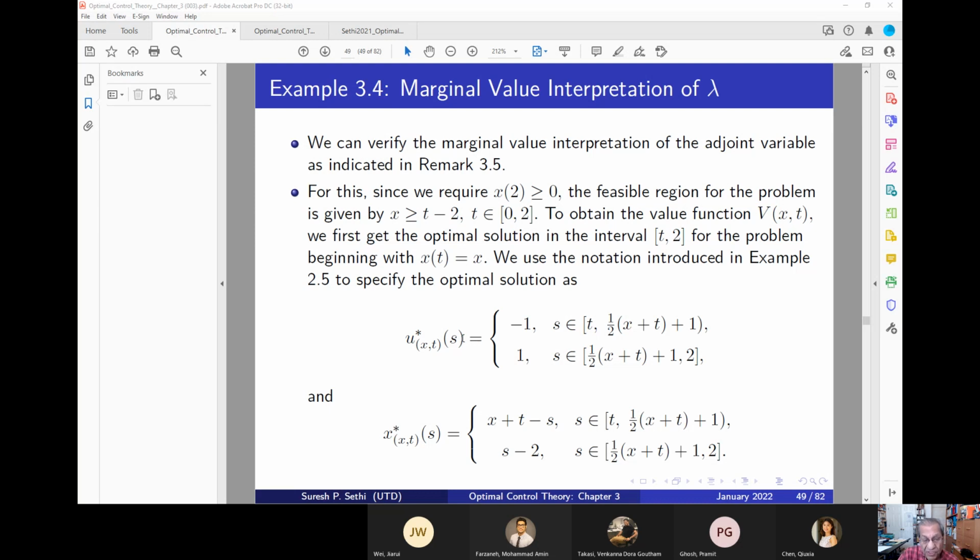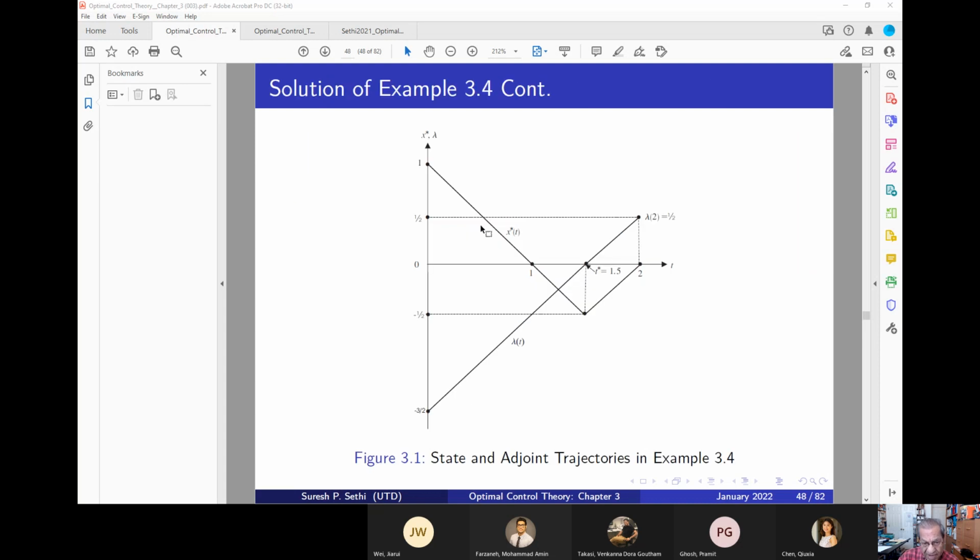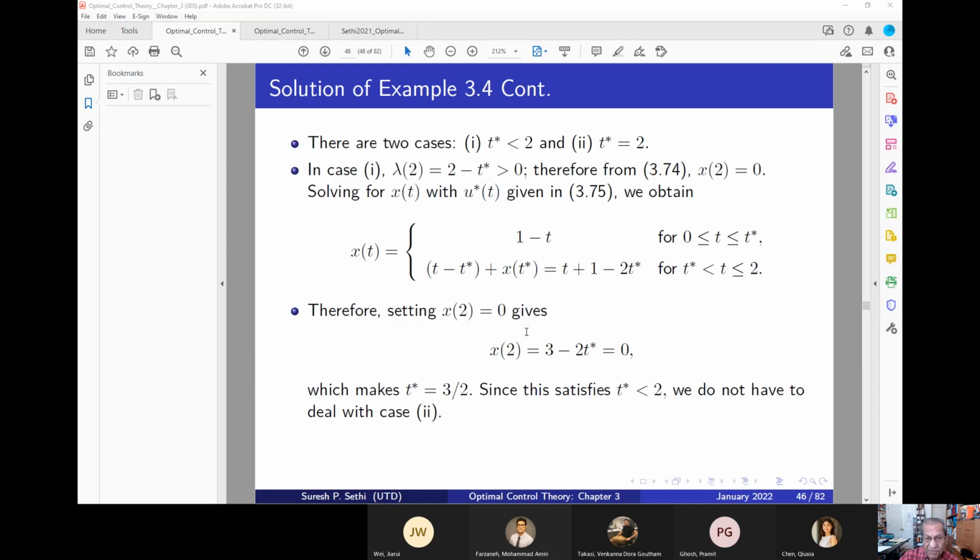Now, there are two ways to do it, at least for this problem. One is that you can start a problem at some x and some t, and you declare a new time, call it tau, which makes this t equal to 0. Then you resolve the optimal control problem just like we did here. Some books begin the optimal control problem for any small t.